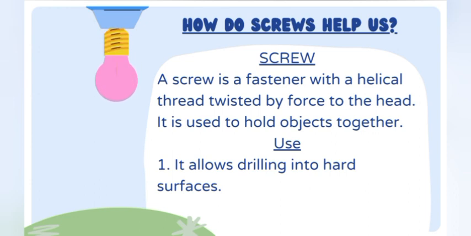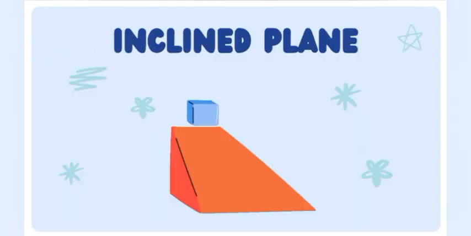And what we are actually using it to do is that we are using it to bore holes, or to create holes into hard surfaces. You can use a screw on metals. You can use screw on block. Yes, you can use screw on wood also.